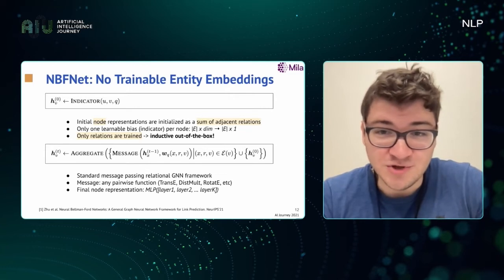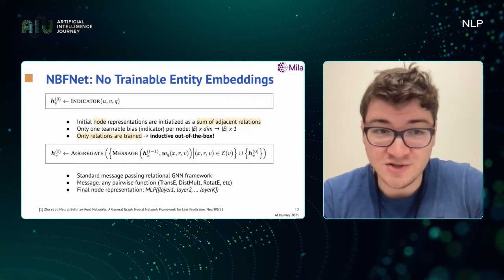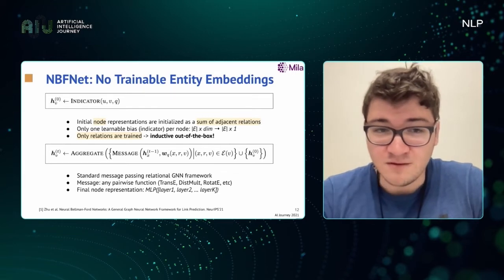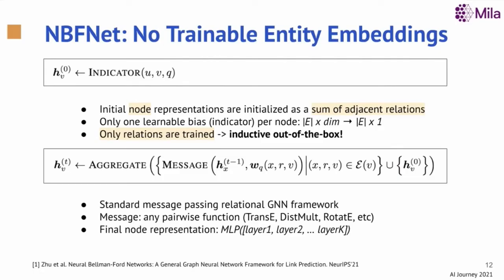The reason we are interested in this approach is that we don't learn any trainable entity embeddings. The only trainable part here, instead of the old-fashioned tensor, is on relations, which is a great saving. Accordingly, it's inductive out of the box, since in inductive tasks the predicate links are the same.